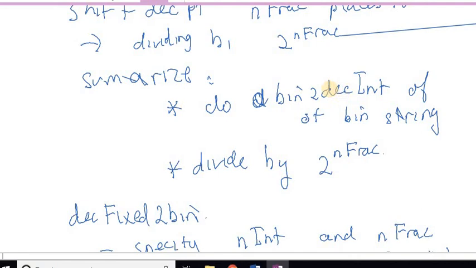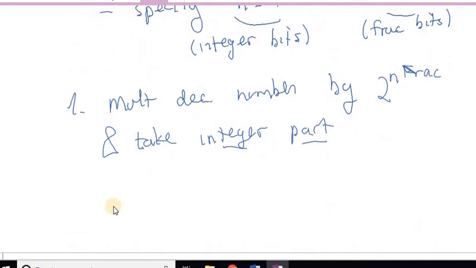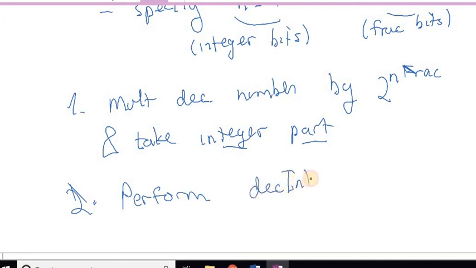Okay. So we just want to convert the integer back to binary. So you just perform decInt to bin on the result of step 1.